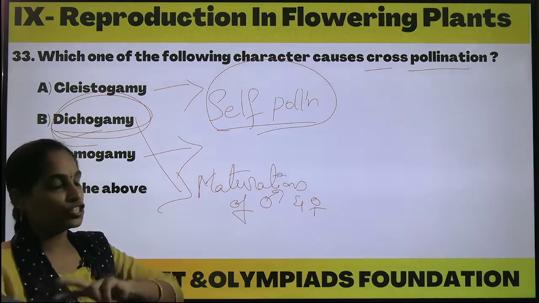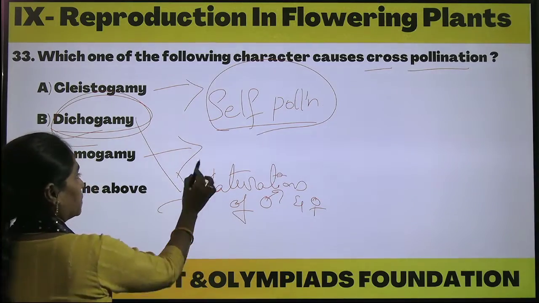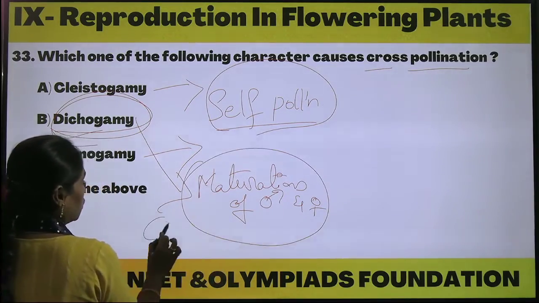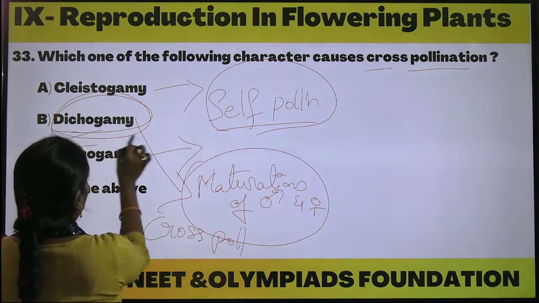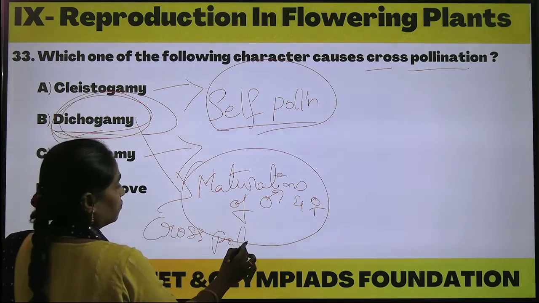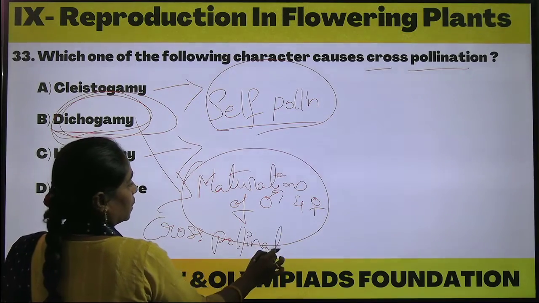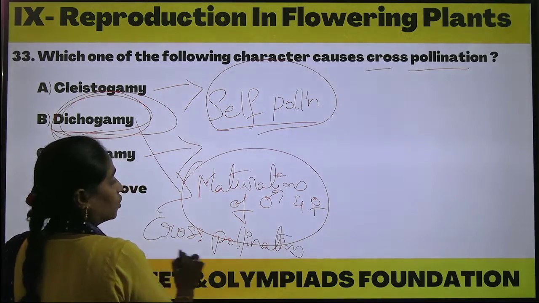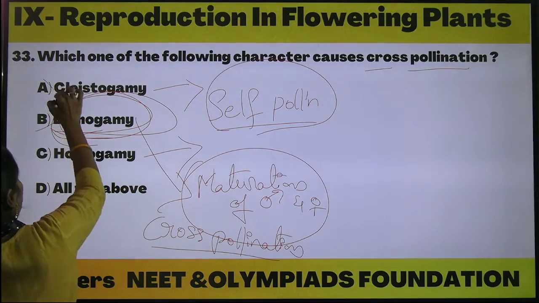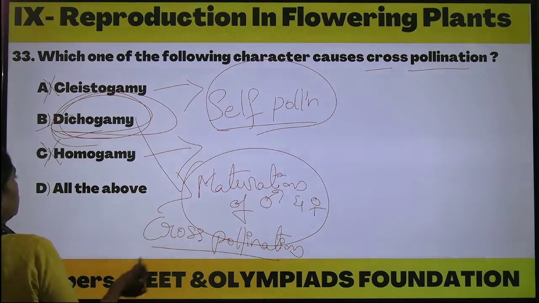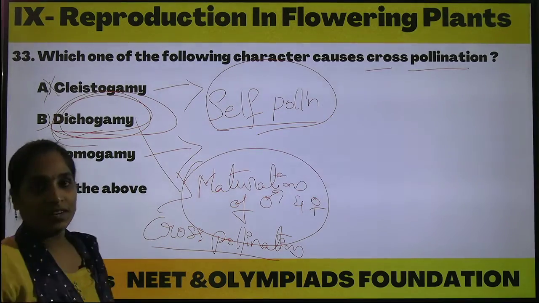So the time duration of maturation makes the pollination cross. So within dichogamy flowers, we can observe a type of pollination called cross-pollination. So what is the option? B, not option A, not option C, obviously not option D, right?